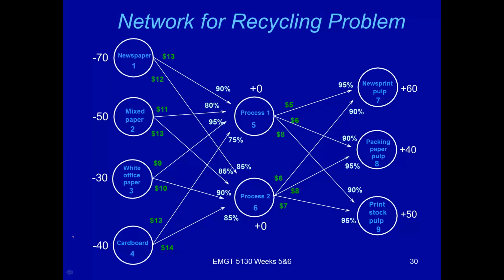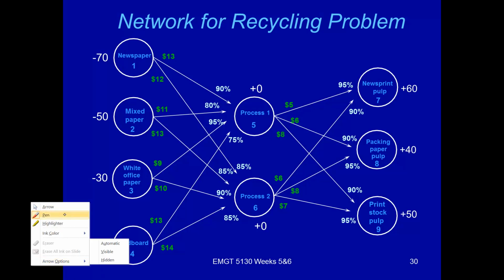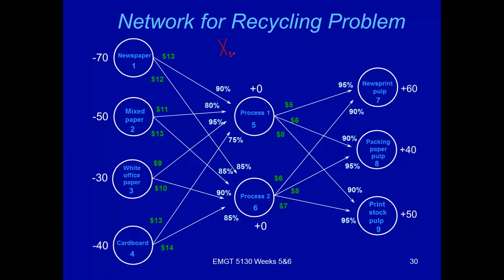Our decision variable will be xij, which represents tons of paper material or pulp sent from node i to node j, because we're talking about this part too.